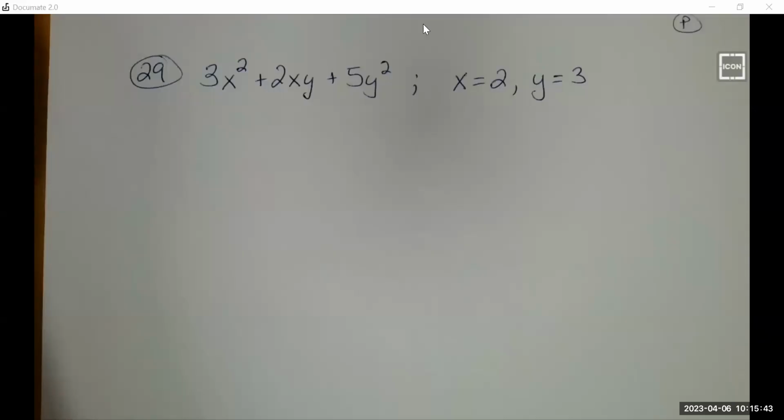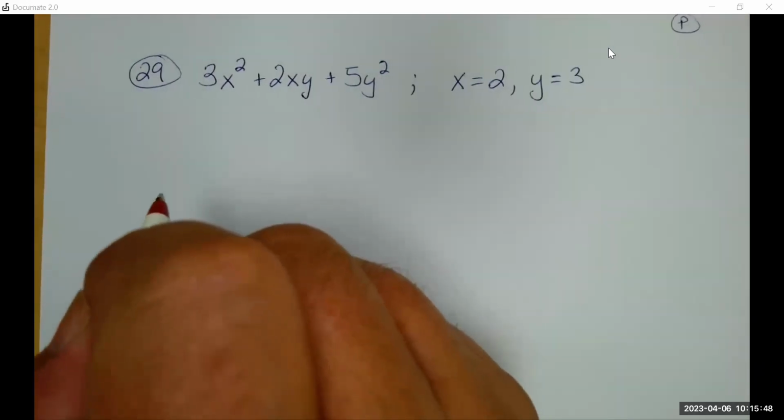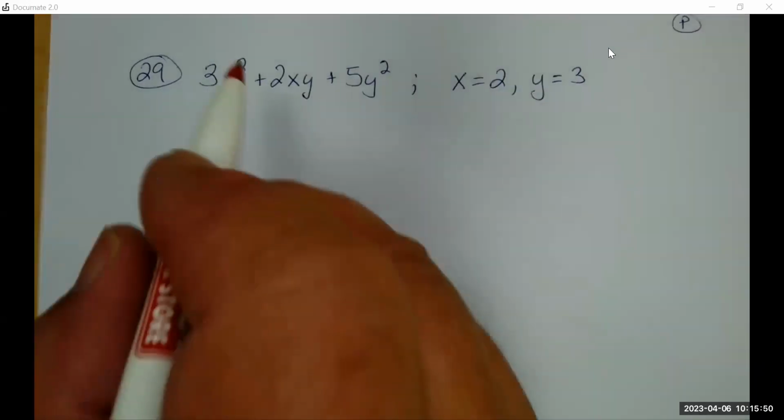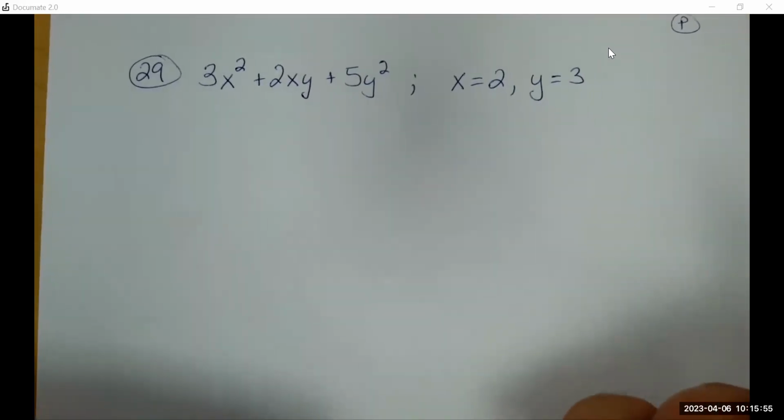Okay, my 2's look like 3's, so that's one. I had that problem. That's why I always try to put everything in X's and Y's, because if I put an S, it looks like a 5.